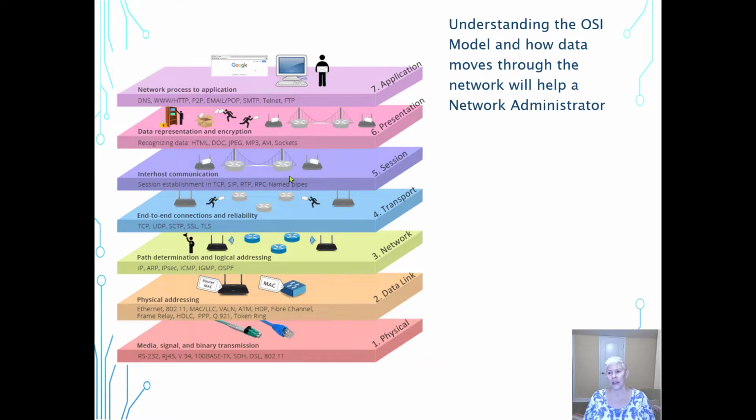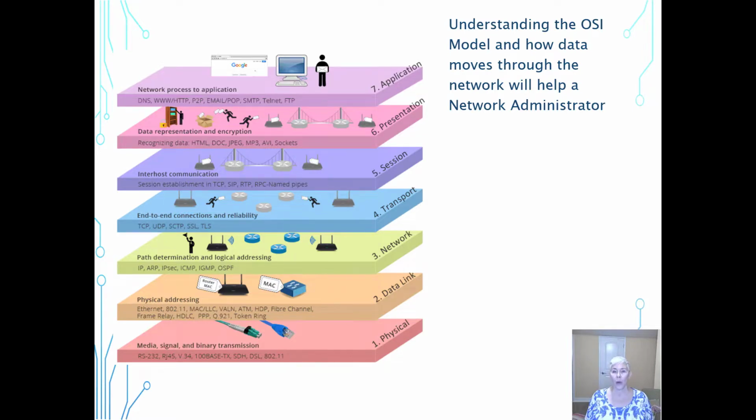Why is understanding the OSI model and how data moves through the network important? Well, for one, if you're planning on taking the CCNA, there will be questions on the CCNA exam about the OSI model as well as the TCP/IP model. What happens at each layer? What are the PDUs at each layer? What protocols are functioning in each layer?